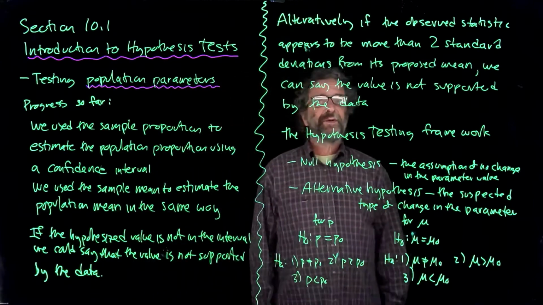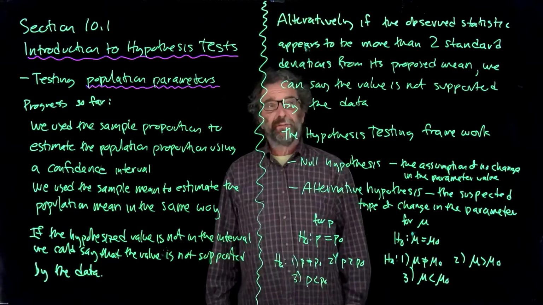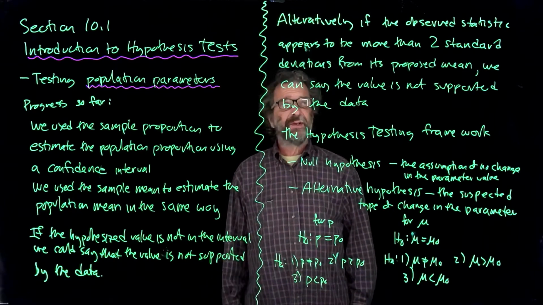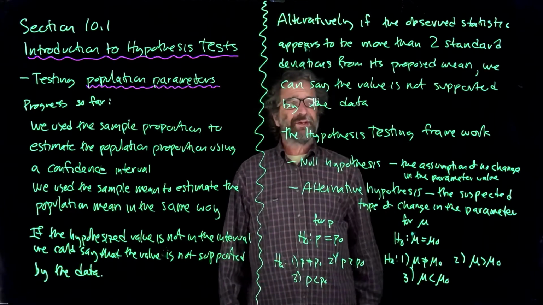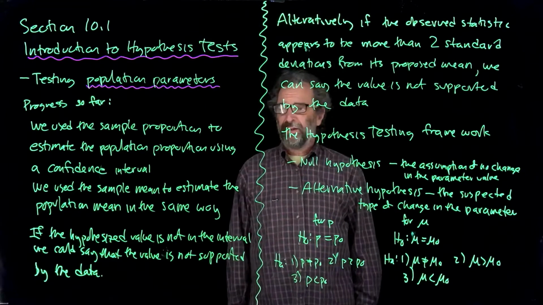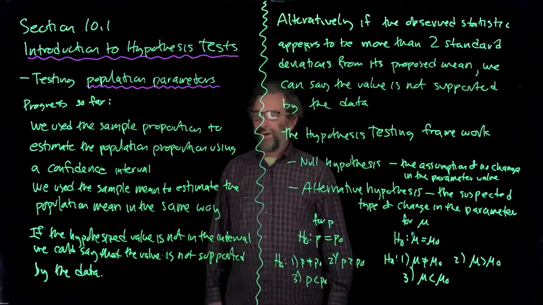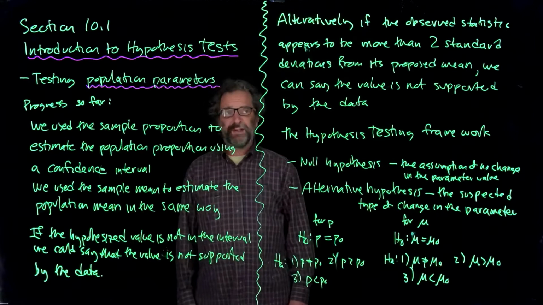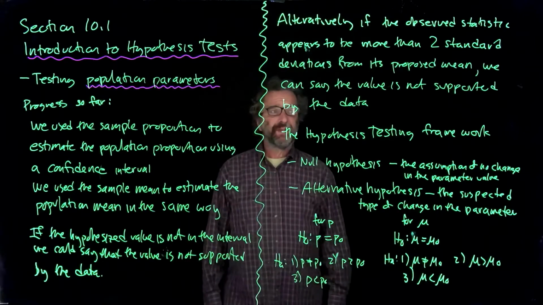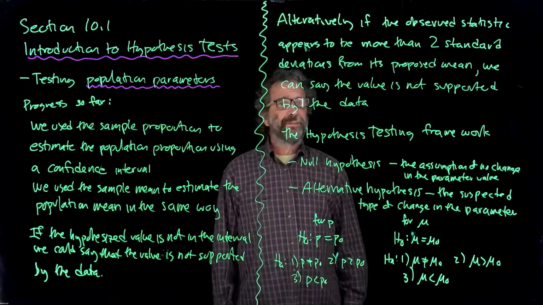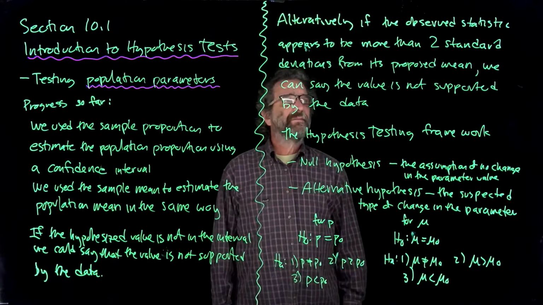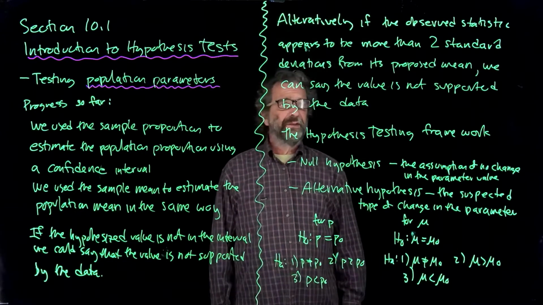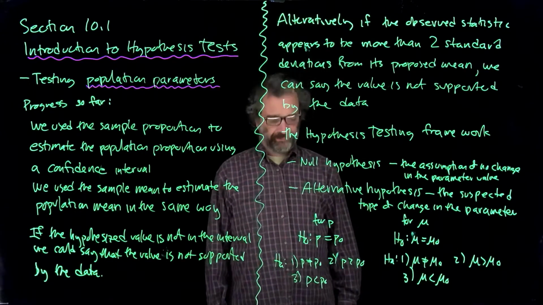Alternatively, if the observed statistic, the sample mean or sample proportion, appears to be more than 2 standard deviations from its proposed mean, so that says it's pretty far away from where you would expect it to be based on the assumption we're making, we can say that the value of the proposed proportion or mean is not supported by the data.